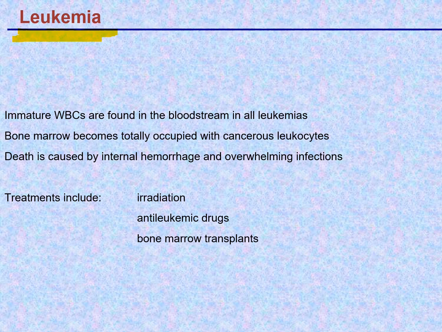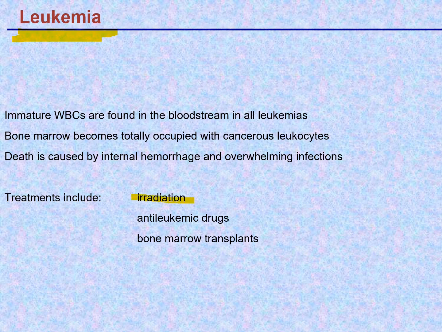Typically, death is due to hemorrhaging because of the effect on other lineages. Their bone marrow is taken over by the abnormal tumor cells and they don't produce enough platelets particularly. Typically they're also more susceptible to infection because they're immunosuppressed.